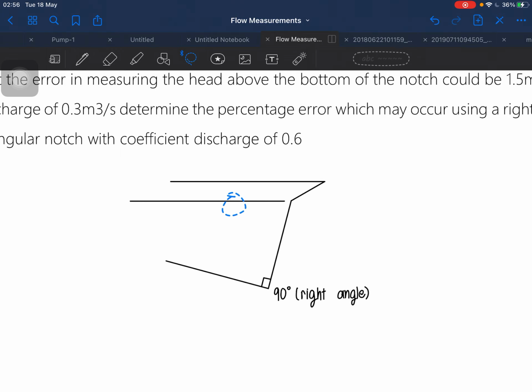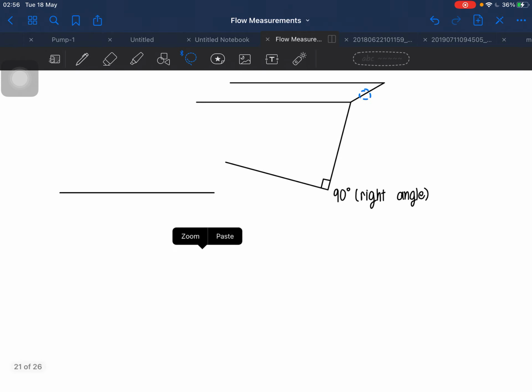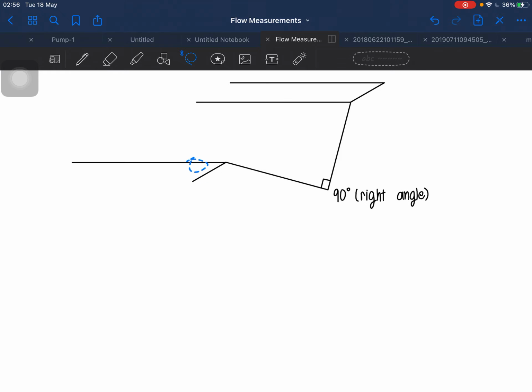Paste. I need to copy this one, right? I'm not sure if the picture is right, because this is not from the original picture.